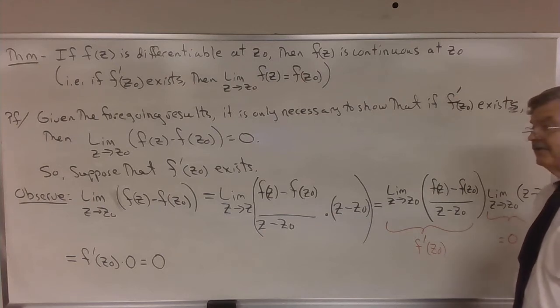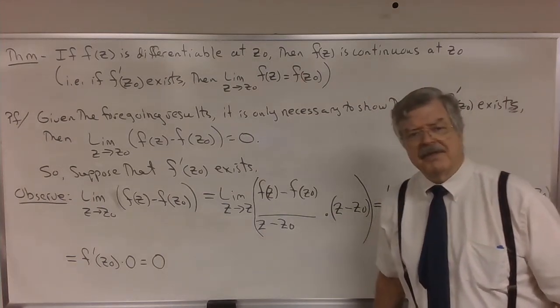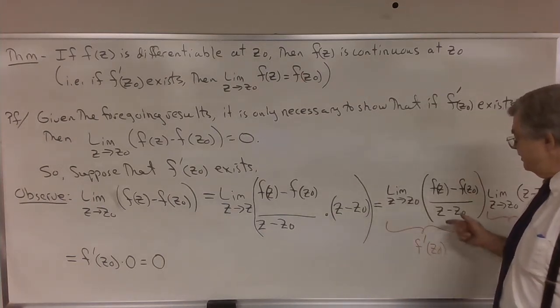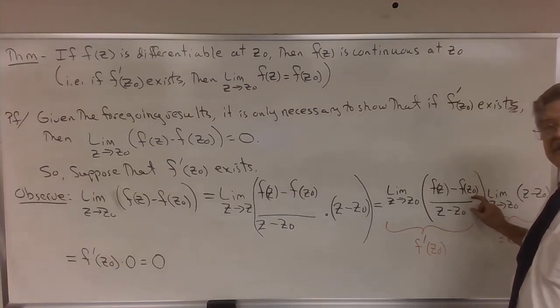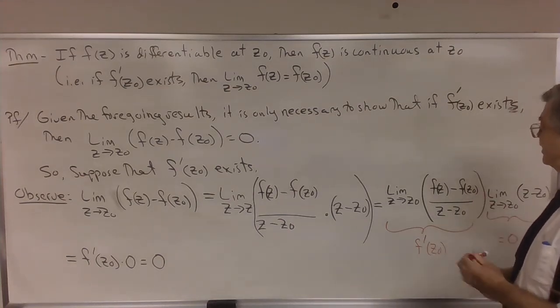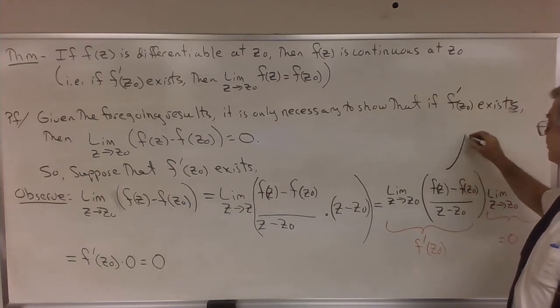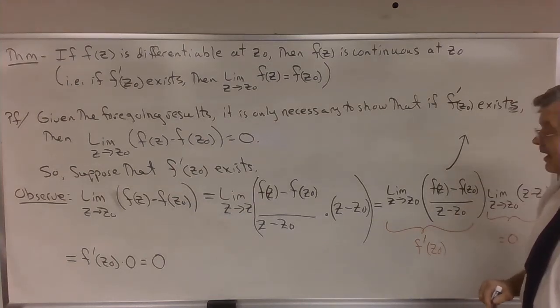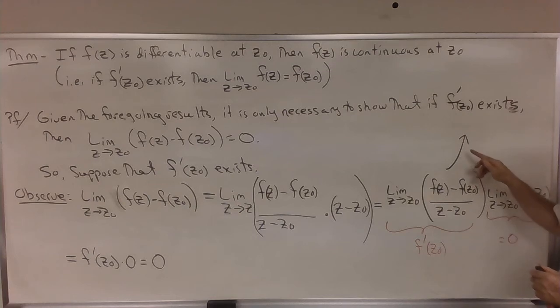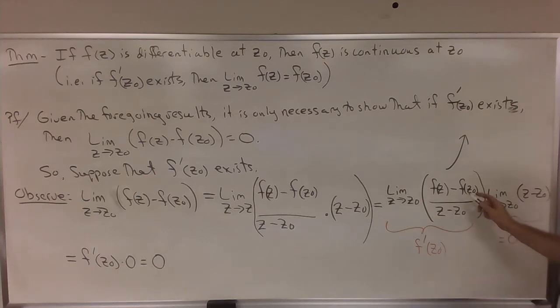We'll see if f is not differentiable, it may be because this thing, the derivative, is going to positive infinity. And then we'll have a limit of the form positive infinity times 0, which is not necessarily 0. Or this expression could be going to negative infinity. And we're looking at negative infinity times 0, which is not necessarily 0.